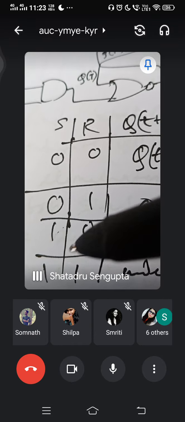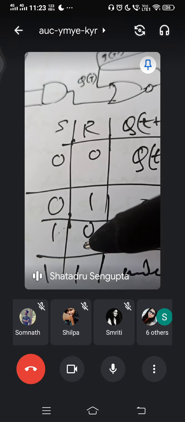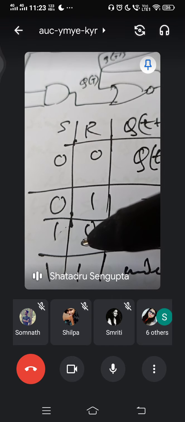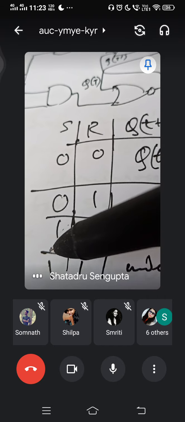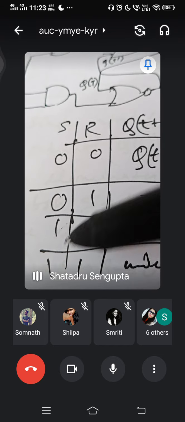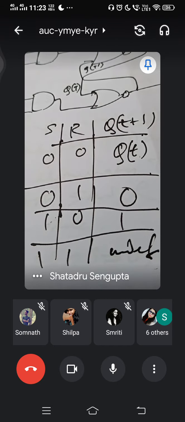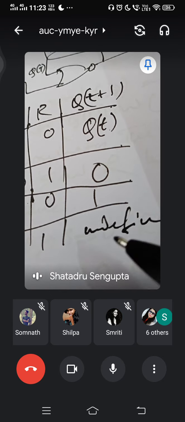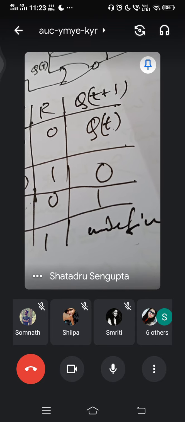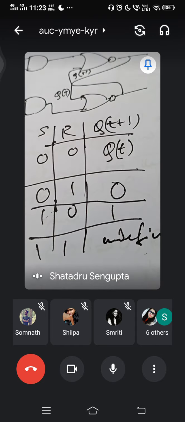It can be 0 or 1, not 1 and 0 together. So if you put reset and S both as 1, it doesn't make any sense, and the result obviously will be undefined as per the circuit itself.